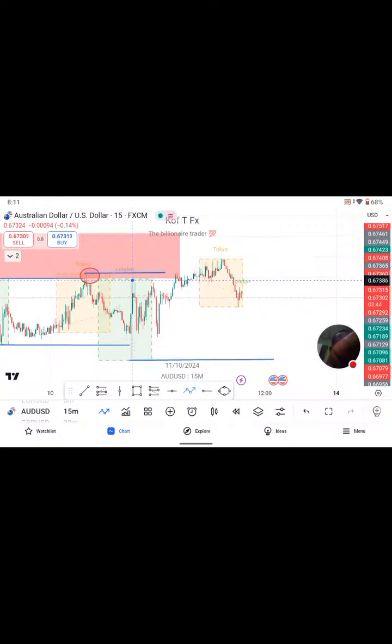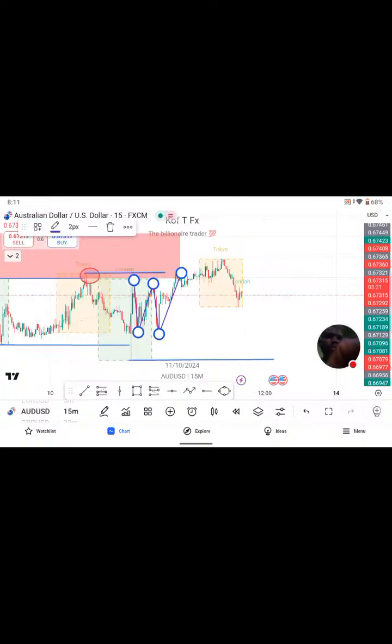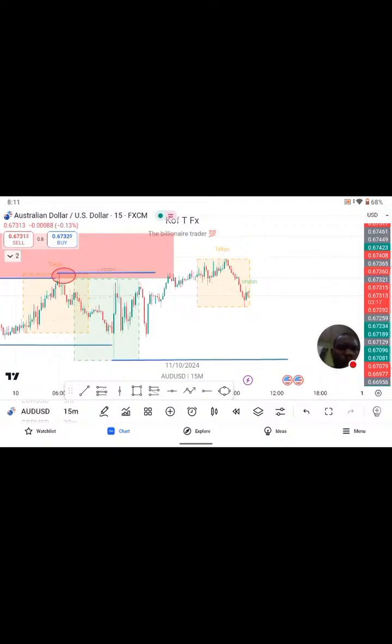I have this I, then another I. Price took out this low. As you can see, I don't have the structure. So based on that, I don't have a trading opportunity on this.